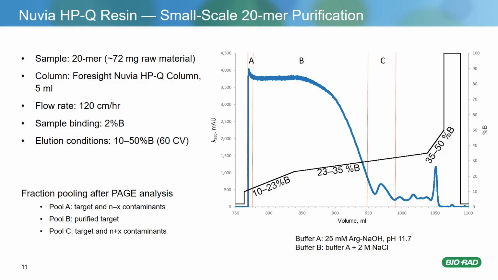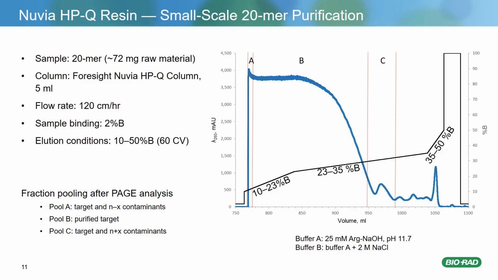The increased CVs were to account for the larger load. And also you'll note on the chromatogram on the right, the slope of the elution was changed during the run, as this showed some impact in the separation between the contaminants. So initially you had a little more broad slope at 10 to 23, then even broader from 23 to 35% B, and then a steep slope from 35 to 50% B.